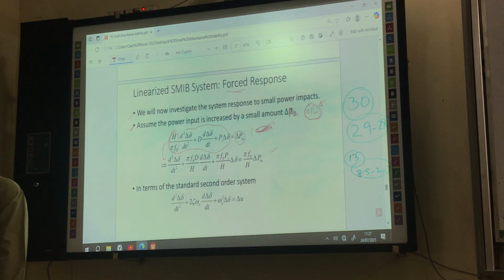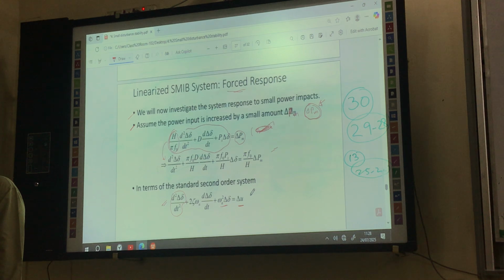Now, in terms of the standard second order equation, this will be our standard second order equation. There will be some del U, because there is some input here, and this is the second order derivative. It should be 2 zeta omega n d delta of t, and omega n square del delta equals del A. I think you have studied this in your control system engineering course, right?